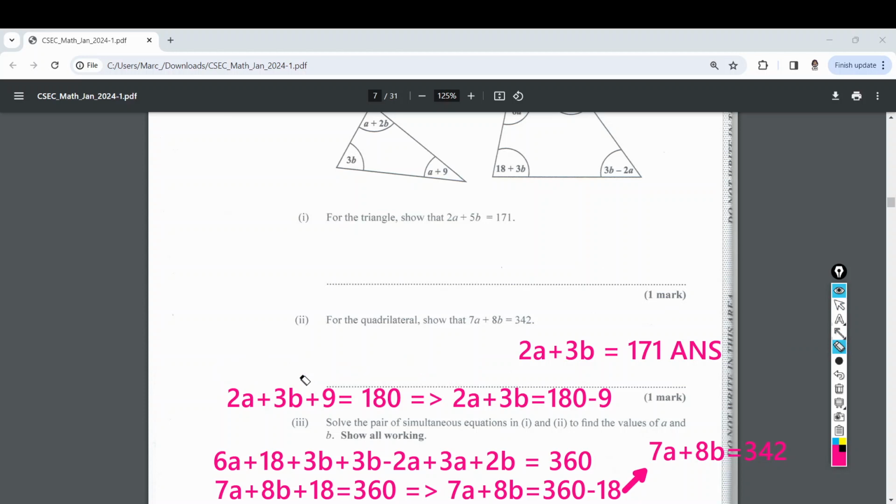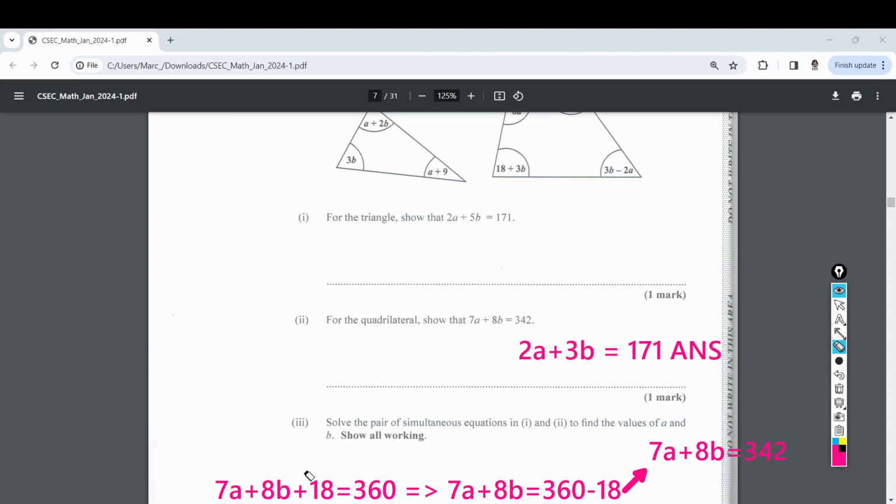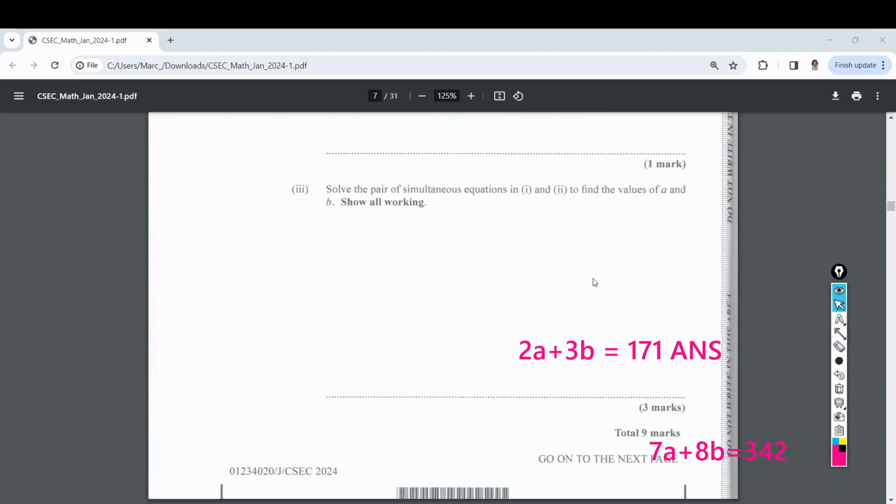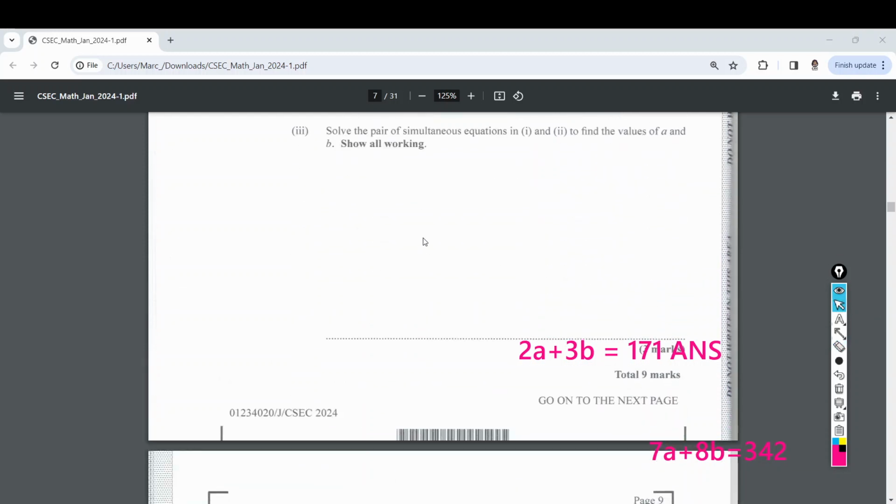Now, guys, let me just rub out here. All right, so these are the two equations we have now. And it says here, solve the pair of simultaneous equations in part 1 and 2 to find the values of A and B, right? So guys, we're gonna have a simultaneous equation to solve. Let me just put the stuff that we need to use.